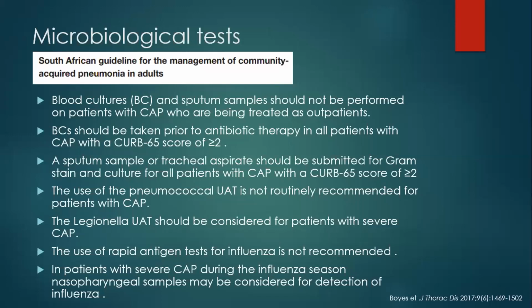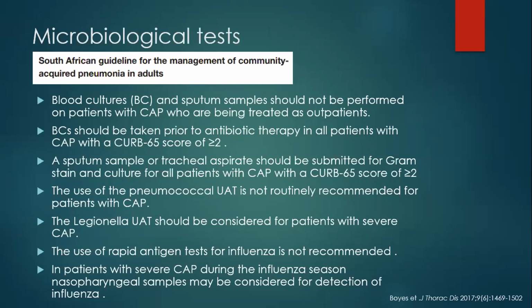In the South African guidelines, it is recommended that both blood cultures and sputum samples, or a tracheal aspirate, should be submitted before antibiotics for patients who have community-acquired pneumonias with CURB scores of greater than 2. This is where the South African guidelines and international guidelines do differ slightly.